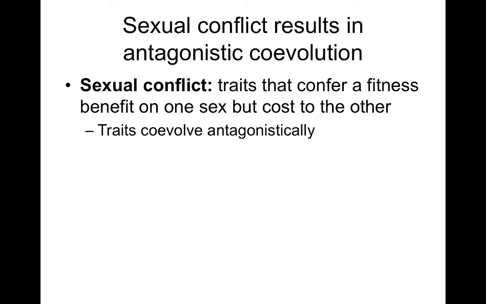All right, so one of the things that can happen is sexual conflict, where traits confer a fitness benefit in one sex but a cost to the other. I mentioned this in the case of many insects, where appendages on male genitalia may allow them to remove sperm from the female reproductive tract, but this can damage the female.